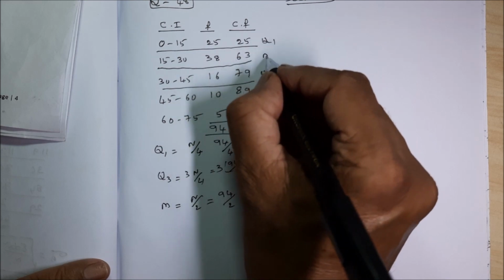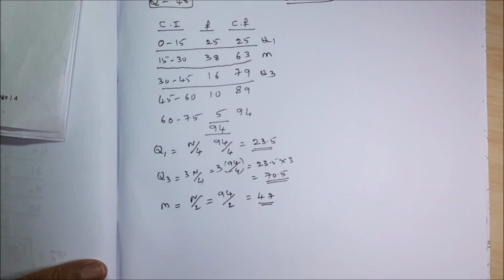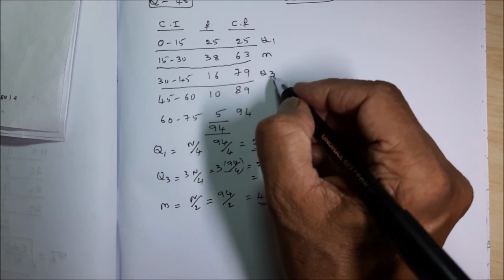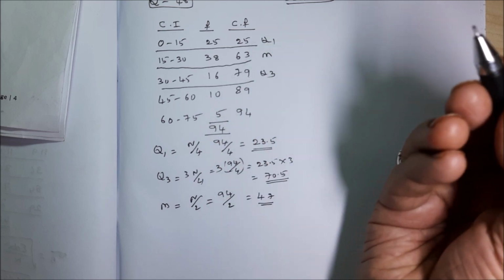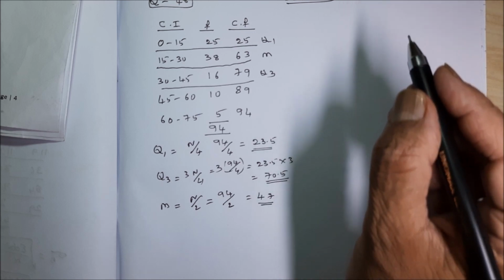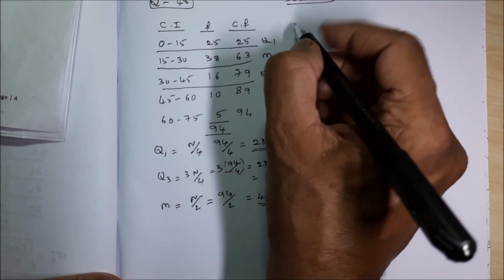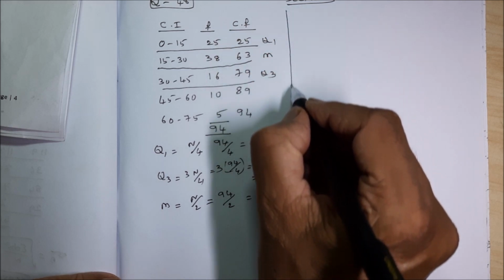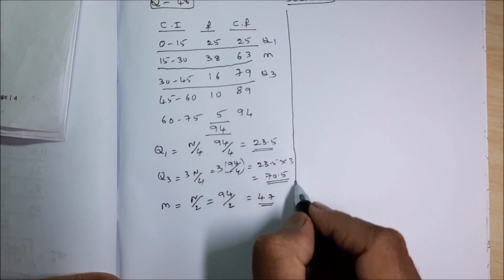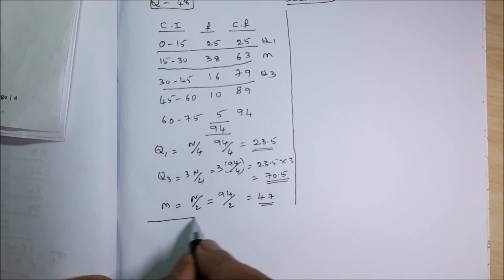This is the median class. Median and quartile 3 are okay. What about Q1? It is wrong. Anyhow, whatever has been given, you are supposed to work it out. No question of compromising. We will say in the last what we have to do. Right? So the first step is over.